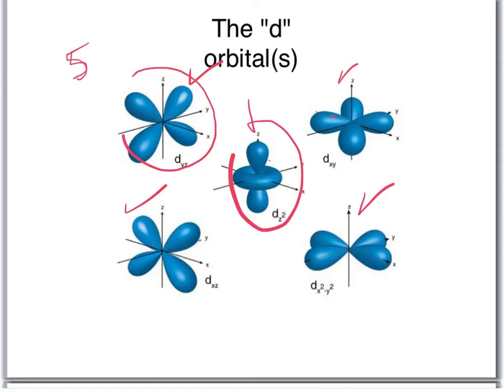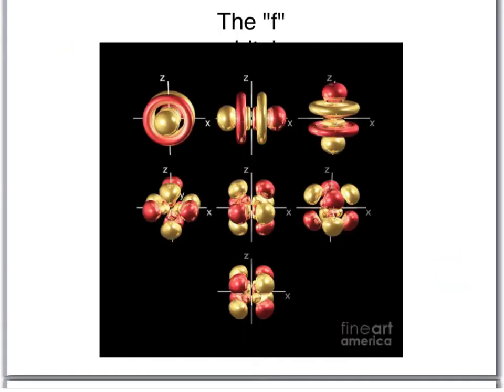Are you seeing a trend now? The S, one orientation. The P, three orientations. Now we're talking about the D's with the five orientations. Guess what's next? Yeah, the F's. This is kind of a crazy looking picture here, but there are 7 different orientations for the F orbital.